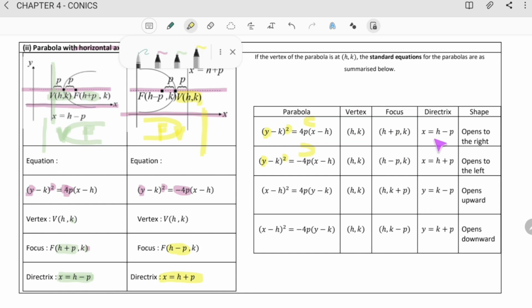This is focus to the right, this is focus to the left. And you have this one, x squared. This is open up, this is open down because of the negative. This one, the focus is above V. This is focus below V. And the directrix is just vice versa of the focus. Okay, you need to remember the properties so that you can easily answer the questions.